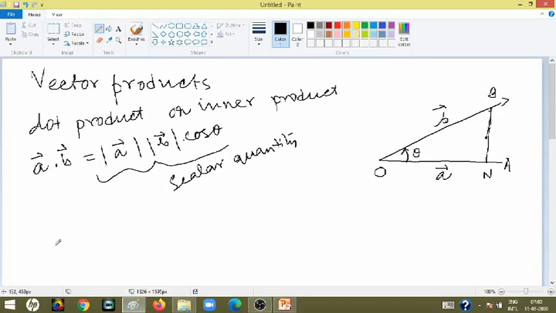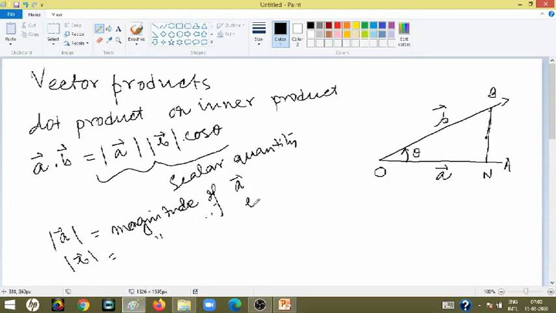Now what is A? This is equal to the magnitude of A, and B is the magnitude of B. Now what about theta?